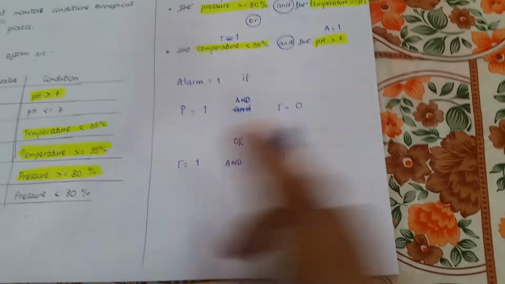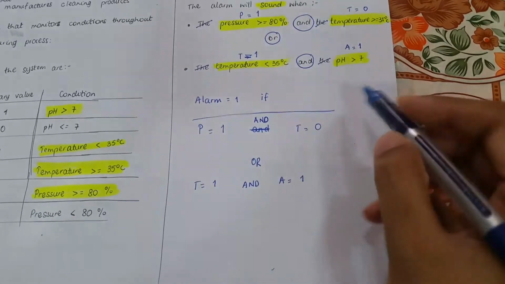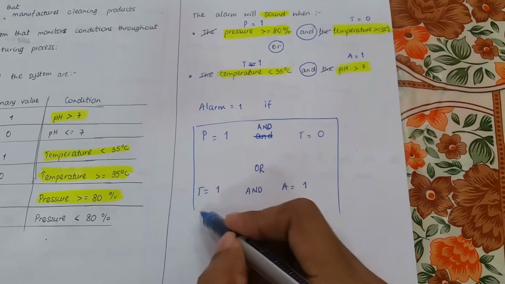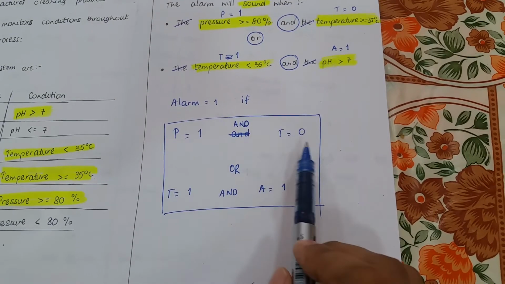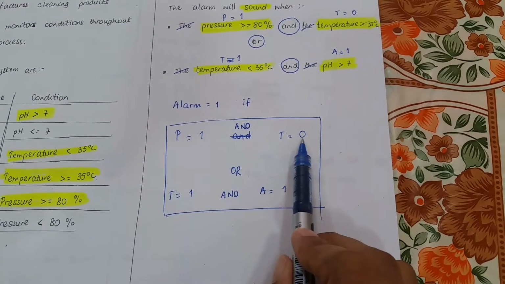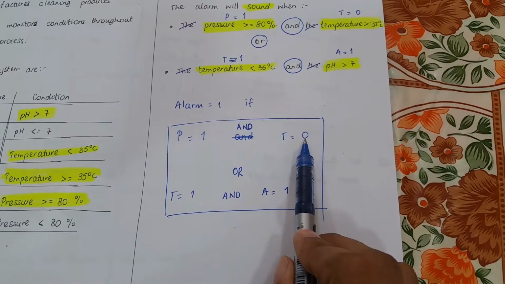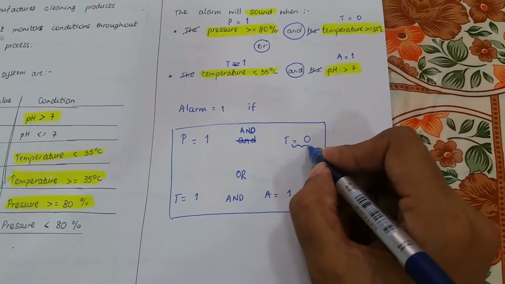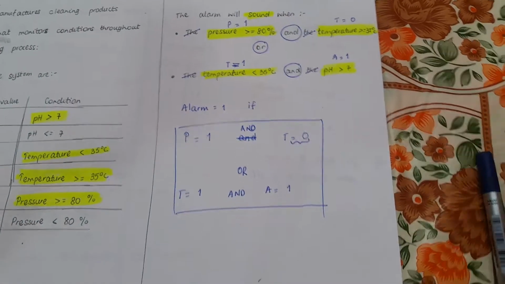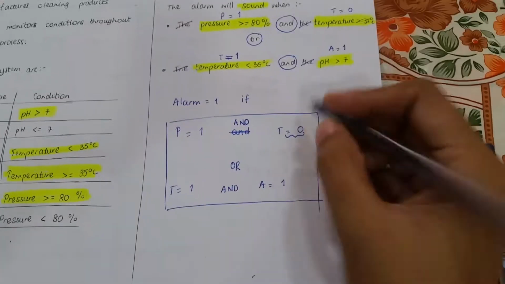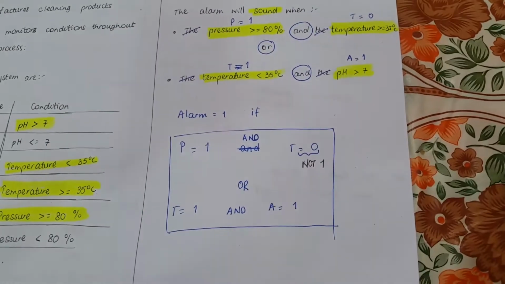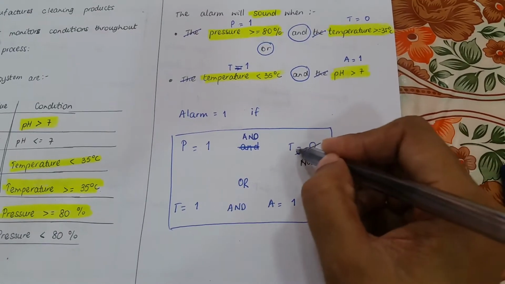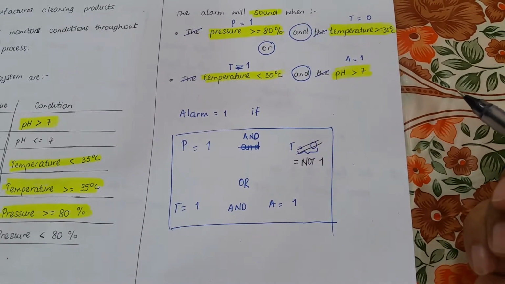Now the next step is what we are going to do with this. If you have an input equal to 1, you can remove it, but if you have an input that is equal to 0, then you have to change it to NOT 1. Okay, so I remove this 0. I would rather put NOT 1.